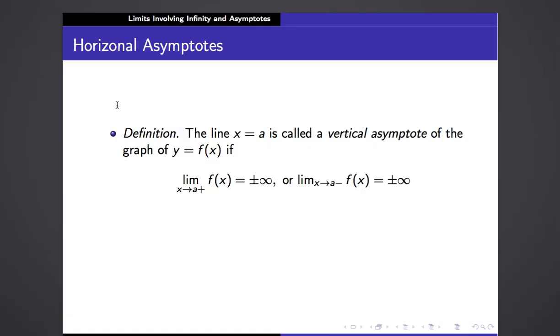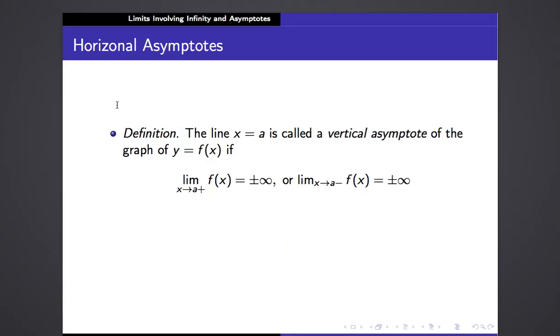So the line x equals a, this is what? This is a vertical line, right? So the line x equals a is called a vertical asymptote of the graph of y equals f of x if the following conditions are met. So what are they?